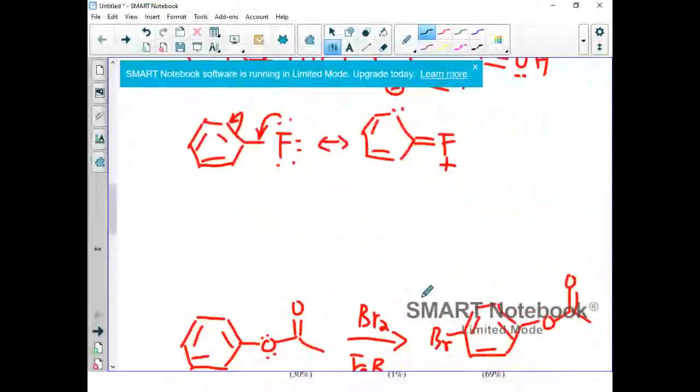Let me show you how the positive charge and how the fluorine lone pair can enhance negative charge on the para site. Okay, so from this resonance form, you can further write here.